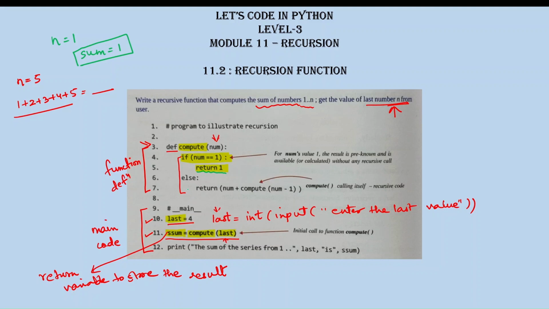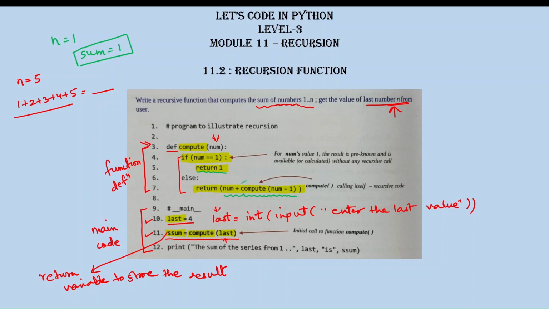Else, see, this is going to be the main part which you have to understand very nicely, which indicates that here is the function call. This is a recursive function call. It's going to return num plus compute(num minus 1).